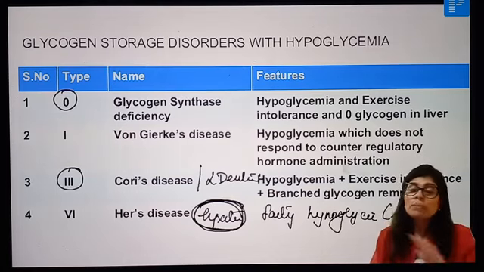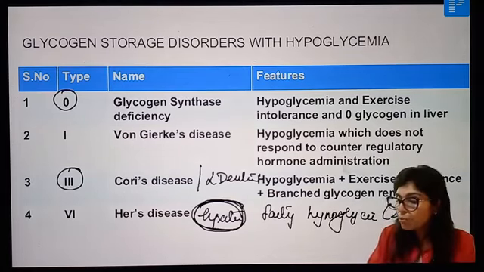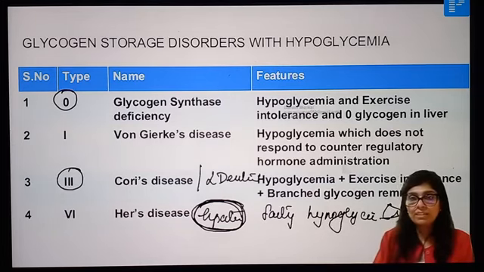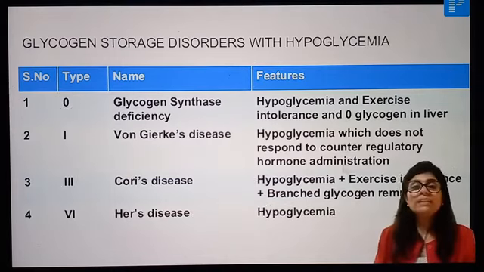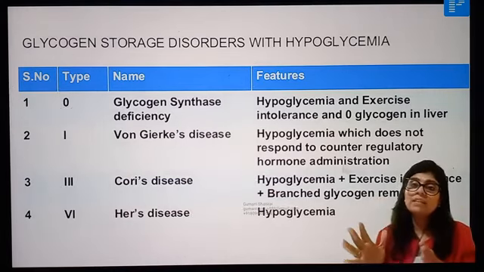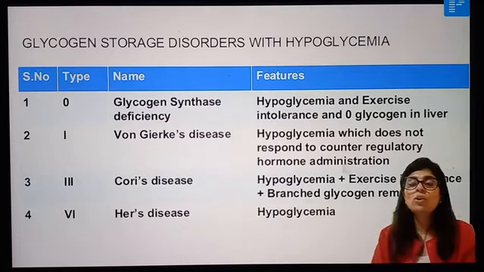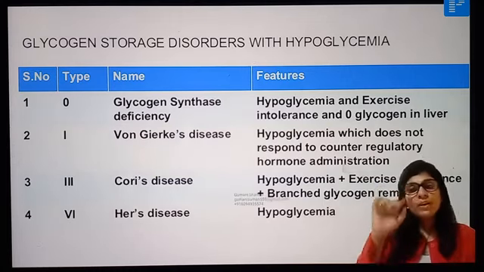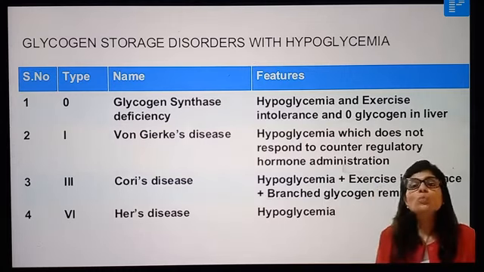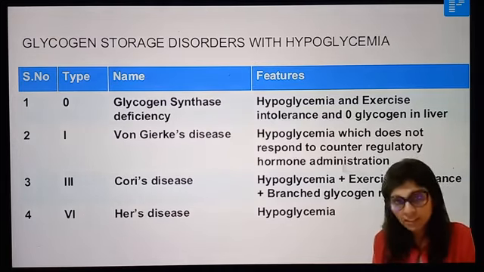So this will not be a severe fasting hypoglycemia. This will be a mild to moderate fasting hypoglycemia which responds to counter-regulatory hormone administration. So whenever the history says severe fasting hypoglycemia which does not respond to counter-regulatory hormone, it is von Gierke's disease. Mild to moderate fasting hypoglycemia which responds to counter-regulatory hormone administration is Hers disease.